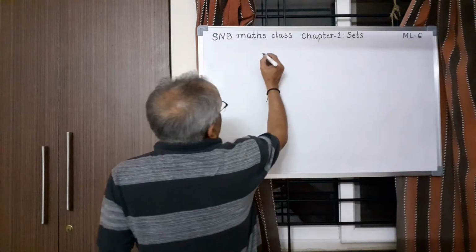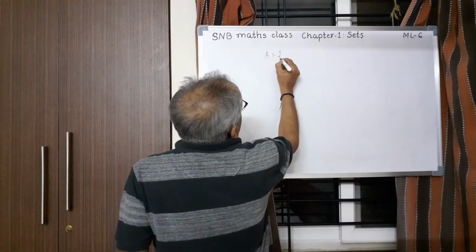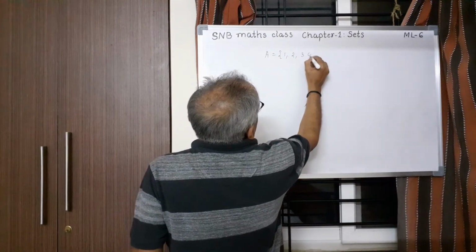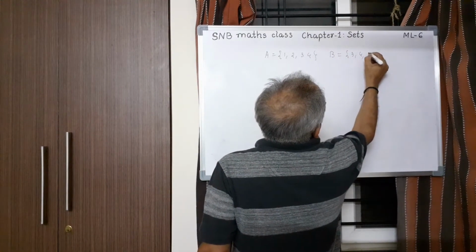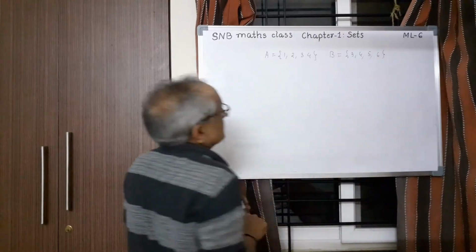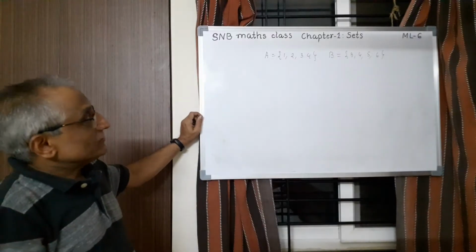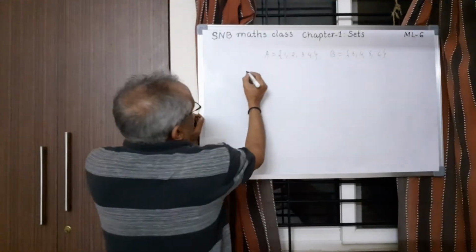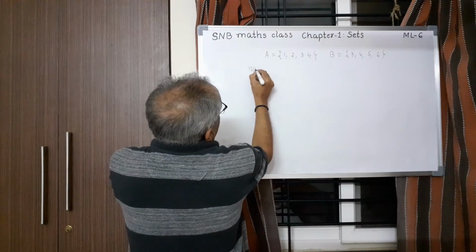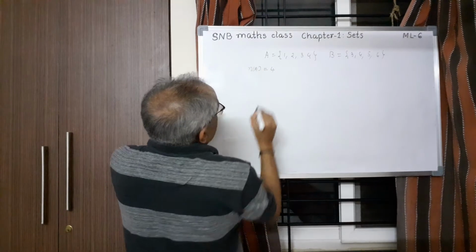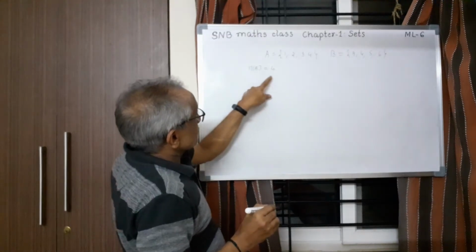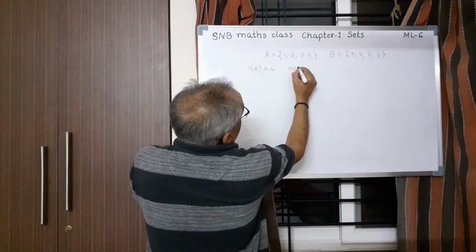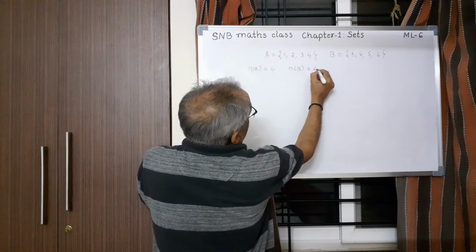So you take a set, for example, A equal to 1, 2, 3, 4. Say B equal to, let us take 3, 4, 5, 6. Now I can find intersection, I can find union also. So now see here, number of A is 4. Number of A means, I have already told you, the number of elements in the set is called number of A. Same way, number of B is also 4.